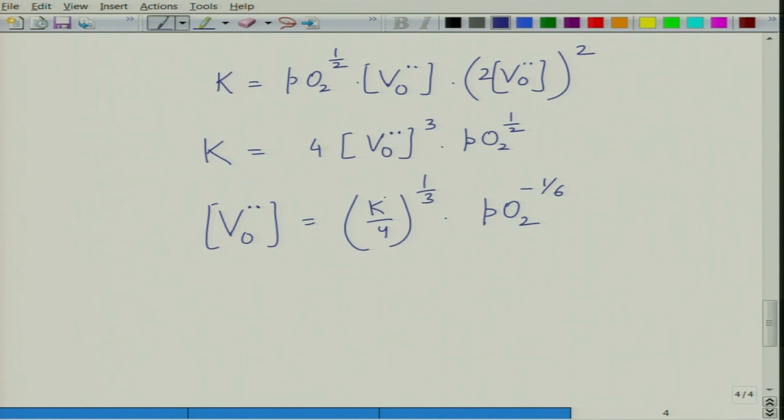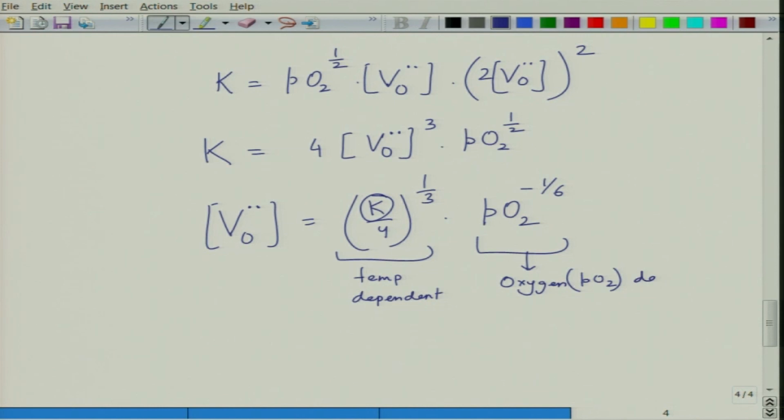Of course, K can be written from the usual free energy reaction, as some K1 into exponential of minus delta H by kT. So, temperature dependence will be inbuilt here, because K shows the temperature dependence, but additionally what we see is the partial pressure of oxygen dependence.